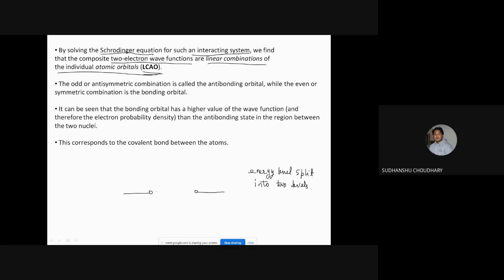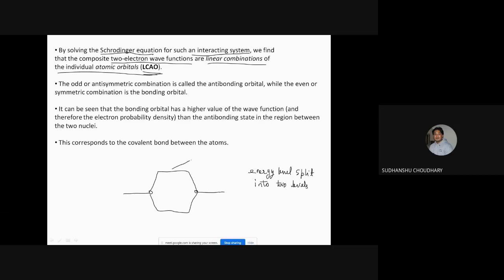So what are those two levels? Their energy levels split, and now I have an energy level here. So this is one energy level, and the other is here, right? So when two atoms are brought together in close proximity, their energy levels split into two energy levels.